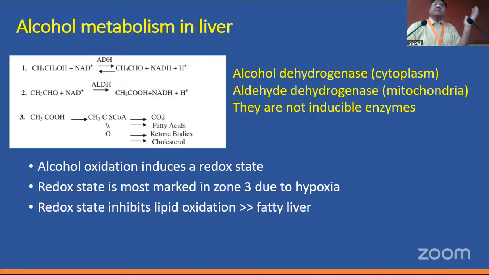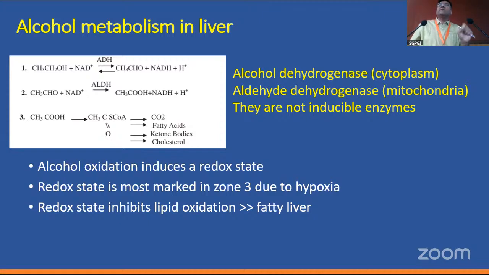Even then, toxicity is maximum in the central part. Toxicity is not in the peripheral part. So the reason is alcohol oxidation produces a redox state. This is most marked in zone 3 due to hypoxia, because I told you blood flows from periphery to center. So by the time blood reaches from periphery to center inside the hepatocyte, it has the least amount of oxygen.